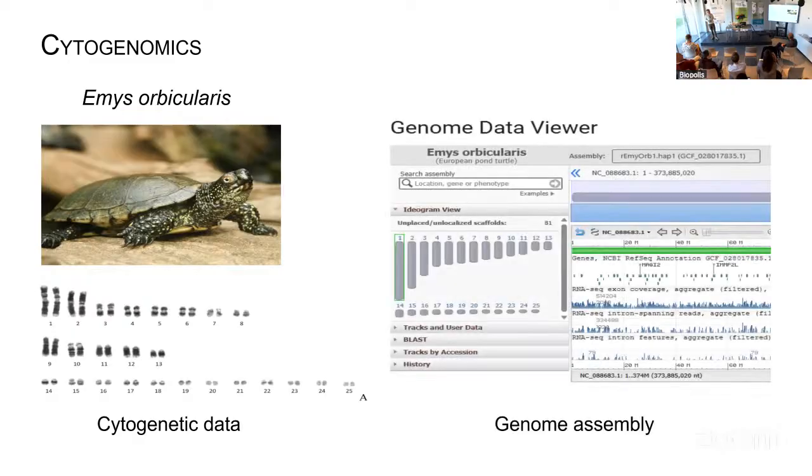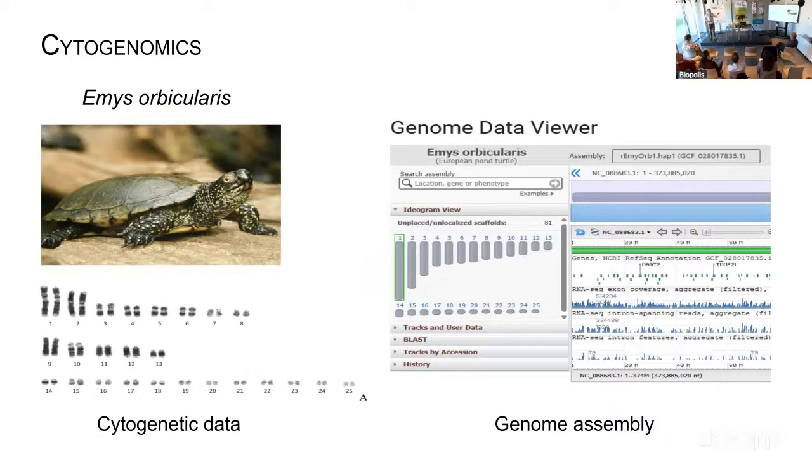And this is what you see on the genome assembly. As you can see, this is a chromosome-level assembly that we produced. It perfectly matches the 25 pairs of chromosomes of the species, but you have this small problem that chromosomes here are listed by size. So what is chromosome 7 in our karyotype does not necessarily match chromosome 7 of the genome assembly, okay?